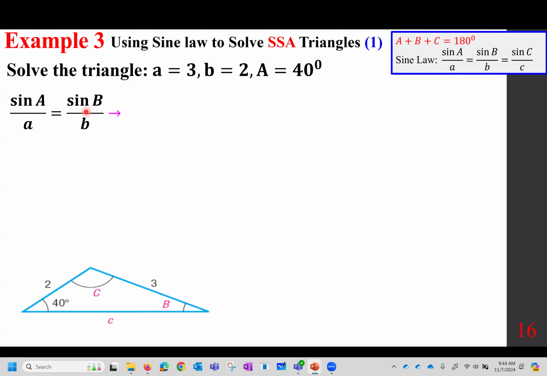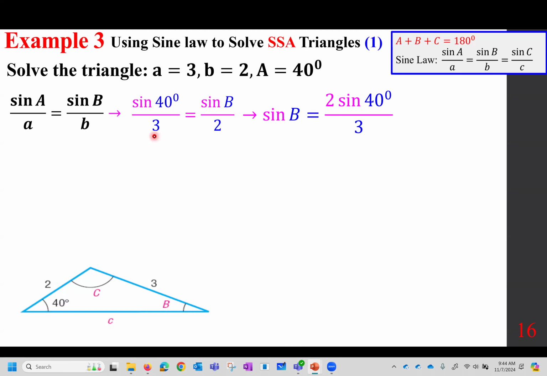A is 3, sine of B, B is missing, and lowercase b is given as 2. So sine B is the product of these two, 2 sine 40 divided by 3. You put it into a calculator, you end up with 0.43.